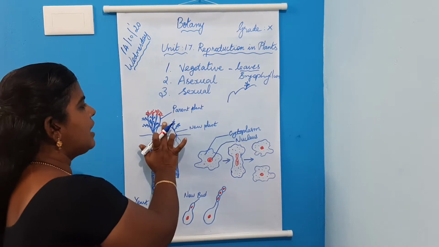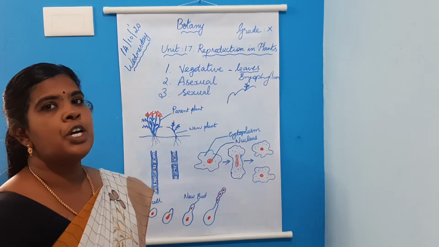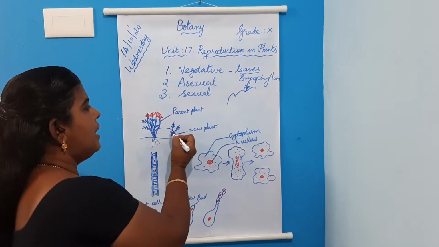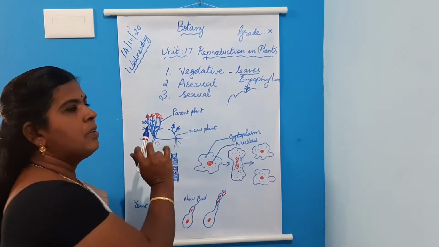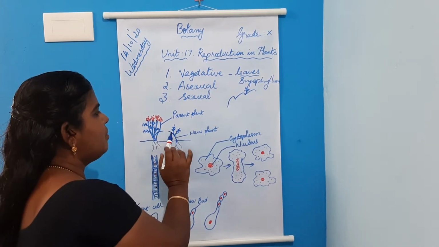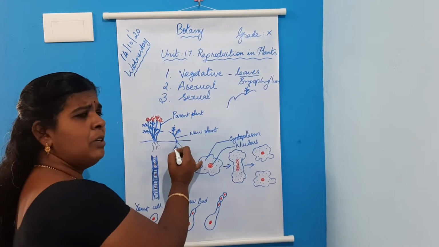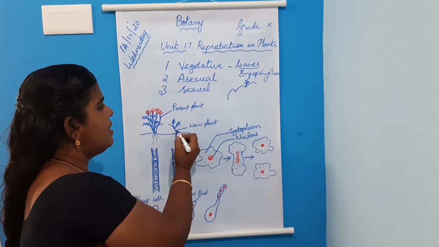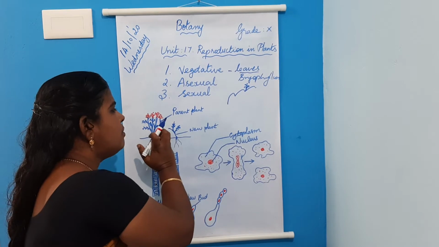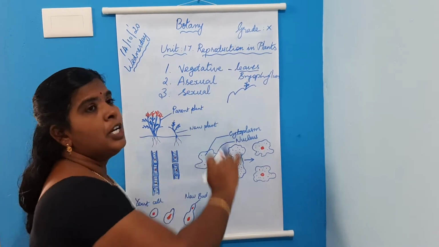When the connection to the parent plant is broken, it can develop into a new plant. So here the plants are propagated through the stem.